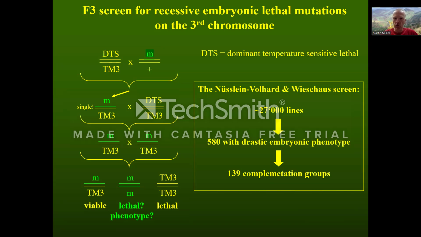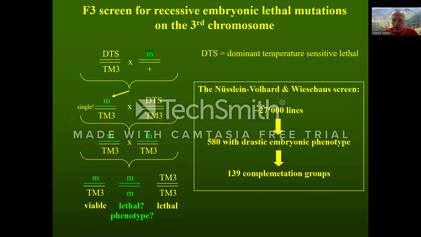At the end of the day, what they had done is they had screened 27,000 mutants, basically, 580 of which had a dramatic embryonic phenotype, and these 580 could be classified into 139 complementation groups.